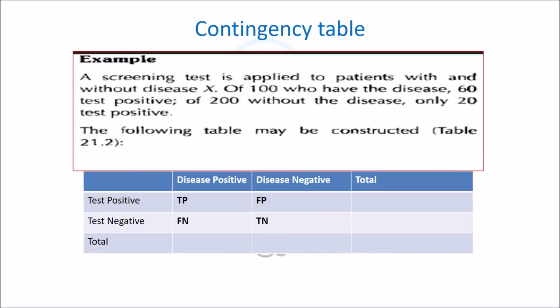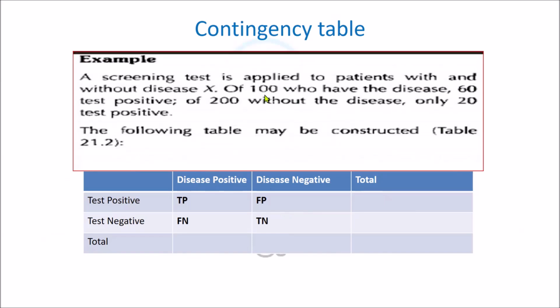They have the disease means they are truly disease positive. But the test is detecting the disease as positive for only 60 patients.